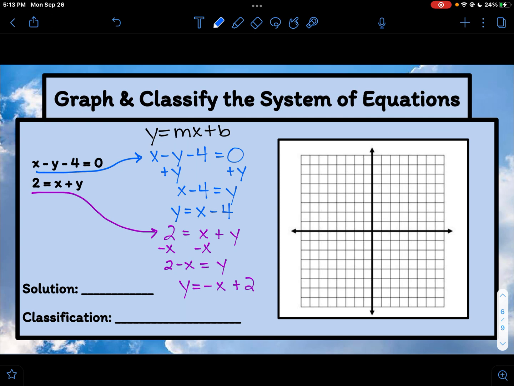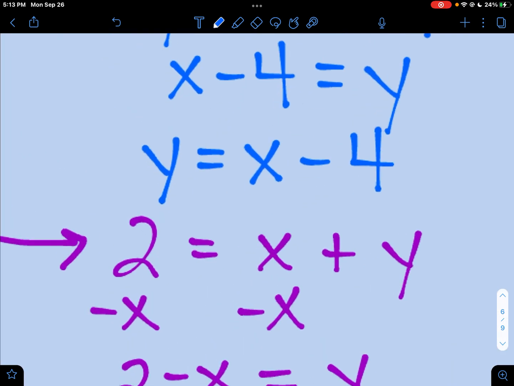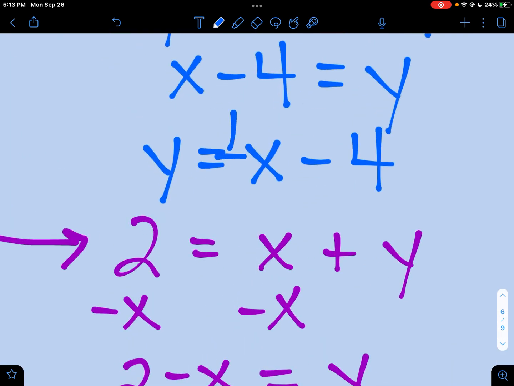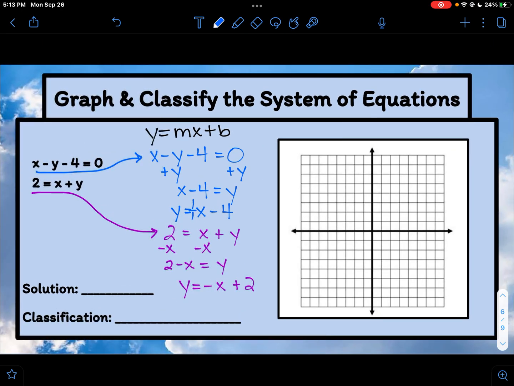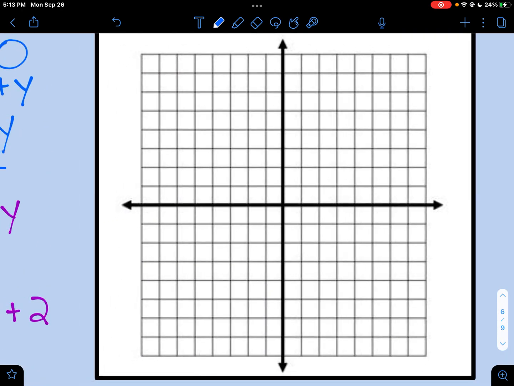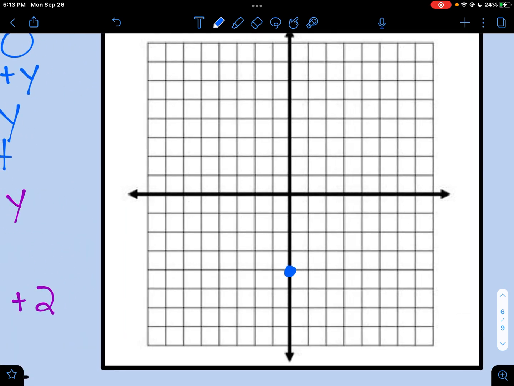All right, now we're going to go over here and graph. So let's graph the blue line. Remember, this slope is 1 over 1. So I'm going to go down 1, 2, 3, 4. And then I go 1 over 1, up 1 over 1, up 1 over 1, up 1 over 1, up 1 over 1.